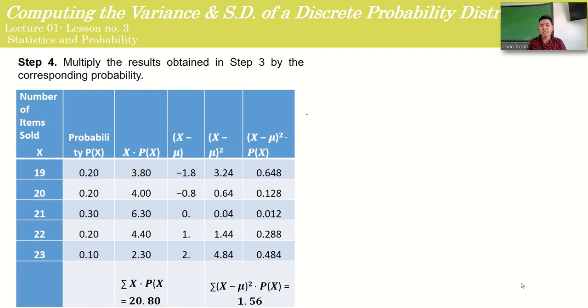Let us have step number 4. Step number 4 is you are going to have this summation here: x minus mu squared times p of x. You are going to multiply. This is a little bit of a long process, but a simple process. So you will have to multiply the products here.